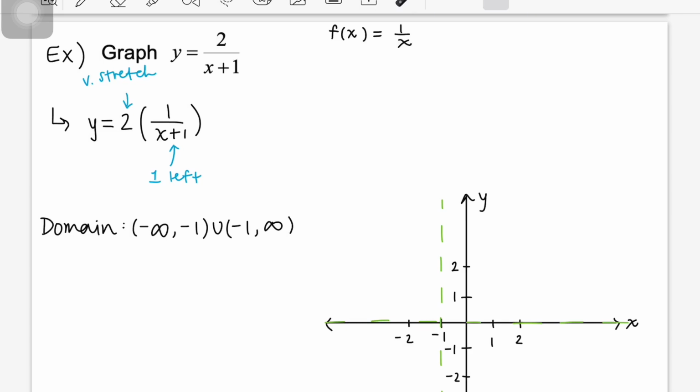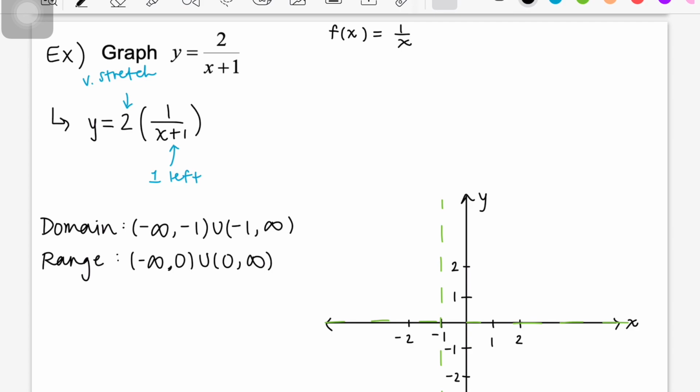We also know, due to this horizontal asymptote here, that our graph will never touch our x-axis, which means our output values will never be equal to 0. So this tells us that our range is going to be negative infinity up to 0, and then 0 to infinity. So all of our output values are going to be anything but 0.